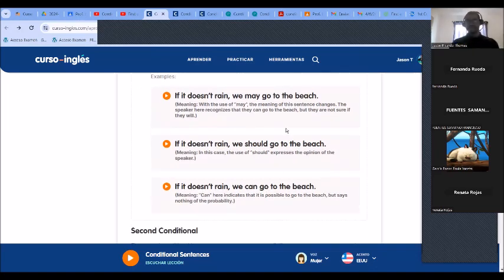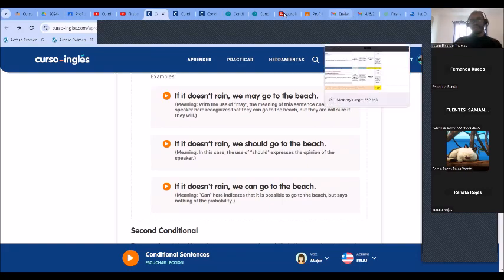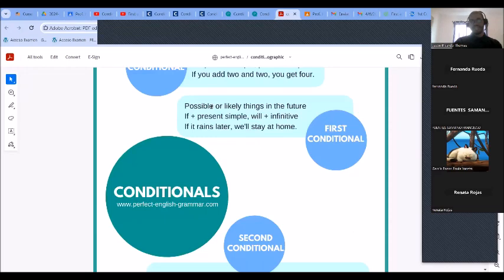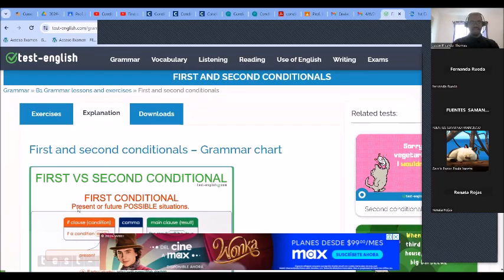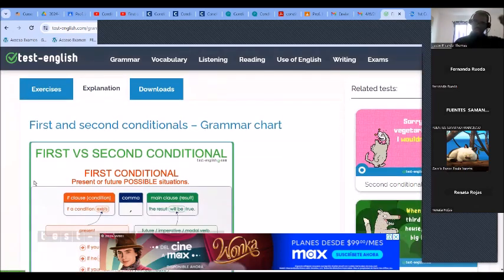All right, the goal of the first conditional is to talk about possible and likely things in the future, starting now in your present. All right, so it's very important that you have that idea very clear in your mind. The condition is true now.